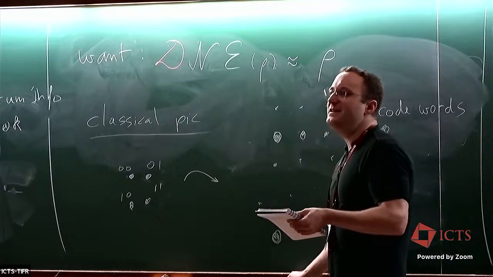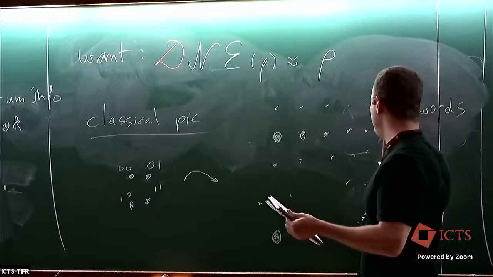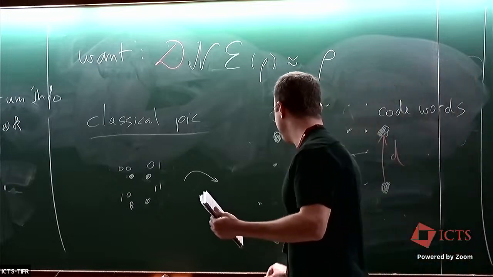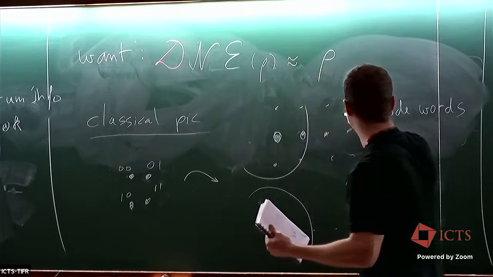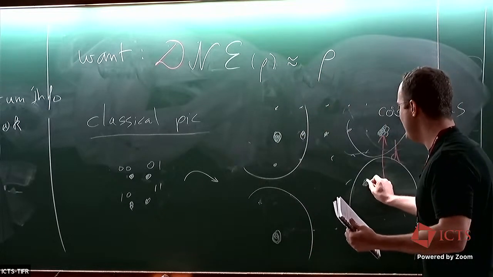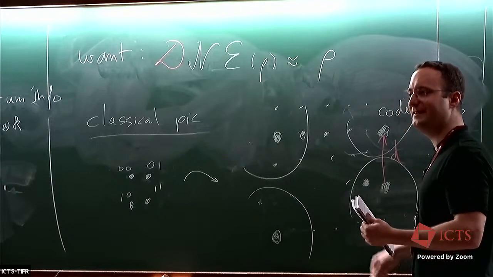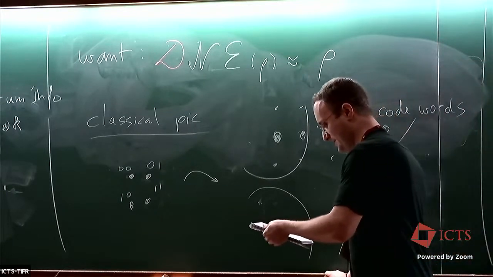And for any error that is smaller than d over 2, you can correct that error. Why? You can just draw a circle around each logical code word, a circle of size d over 2. And if you find yourself in here after the transmission of the message, well, this physical state here belongs to this code word. Let's write this down.